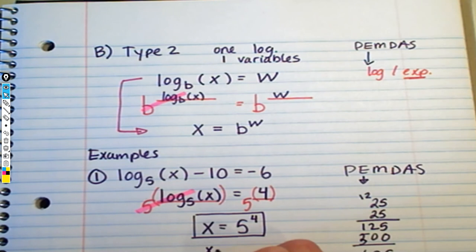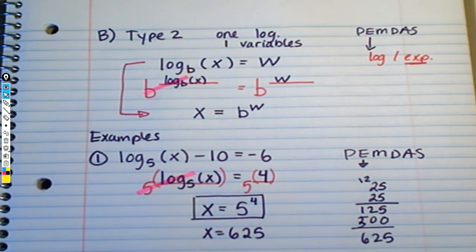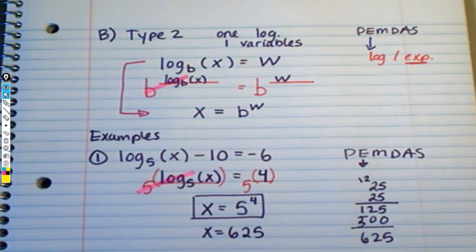So x equals 625. Either format is acceptable.